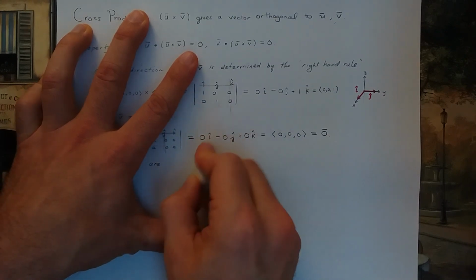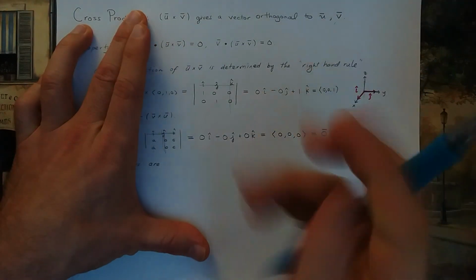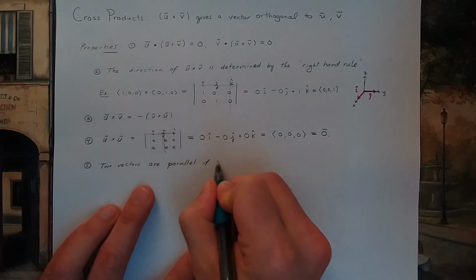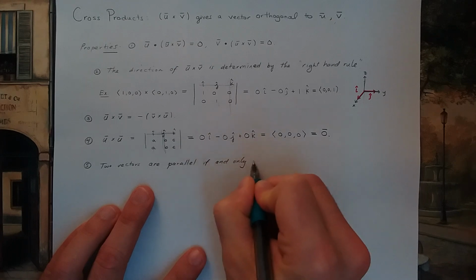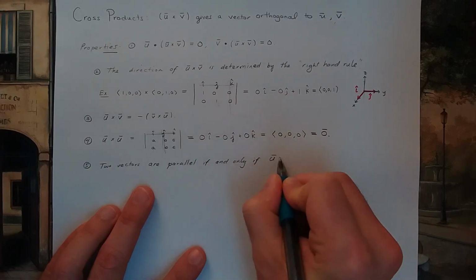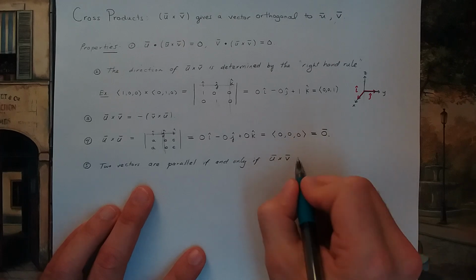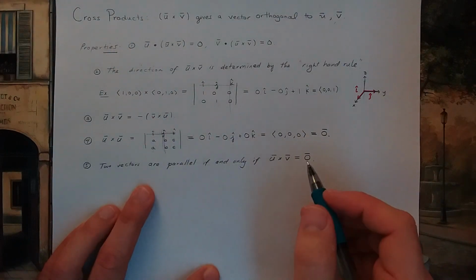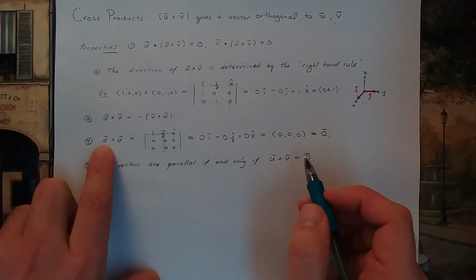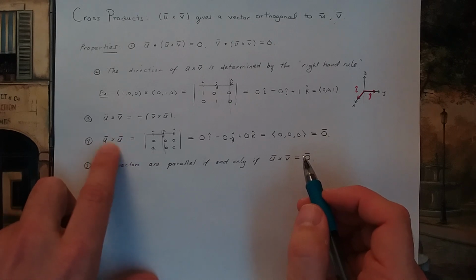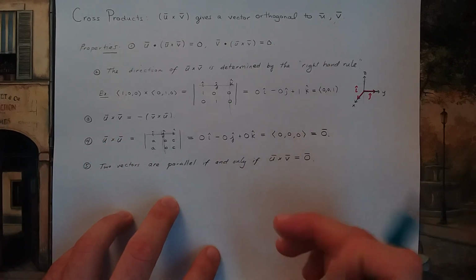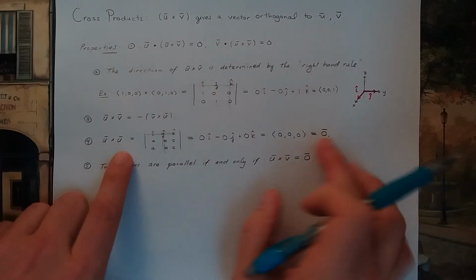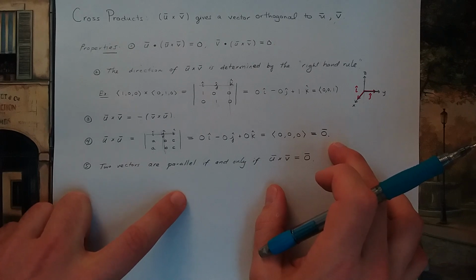I want two vectors to be parallel if and only if you take their cross product, U cross V, and you get the 0 vector. If U is taken with U, the cross product of U with itself, then you get the 0 vector. But in general, if you scale U, if you have a multiple of U, then you're parallel to U, and still you get the cross product equaling 0.